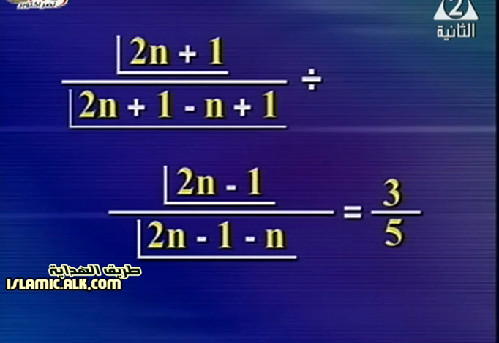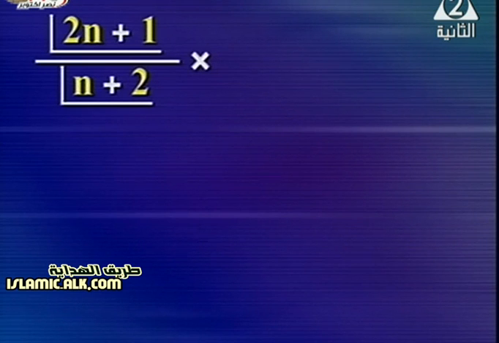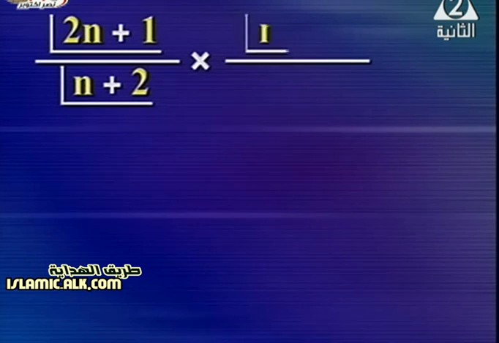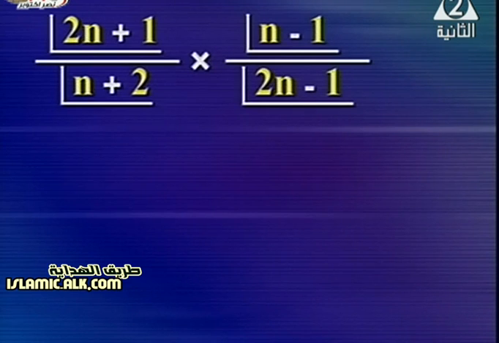Dear student, look at the first fraction, 2n plus 1 factorial means 2n plus 1 times 2n times factorial 2n minus 1, by using the rules. Therefore, factorial 2n plus 1 over factorial n plus 2 times factorial n minus 1 over factorial 2n minus 1 equals 3 over 5.